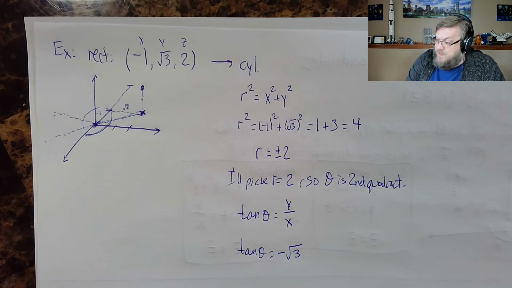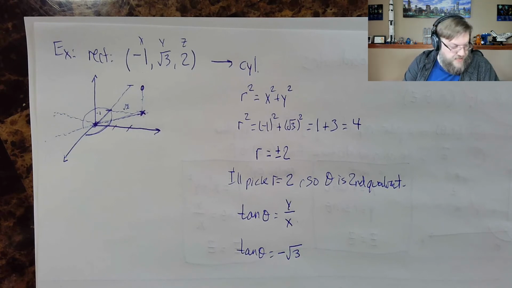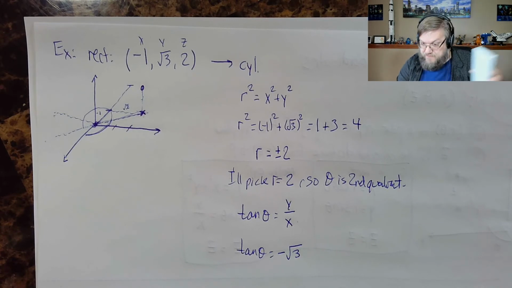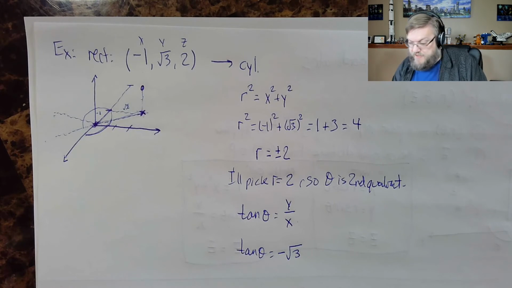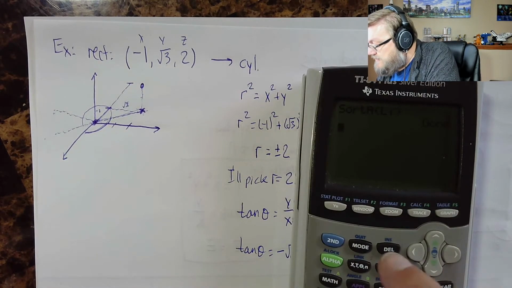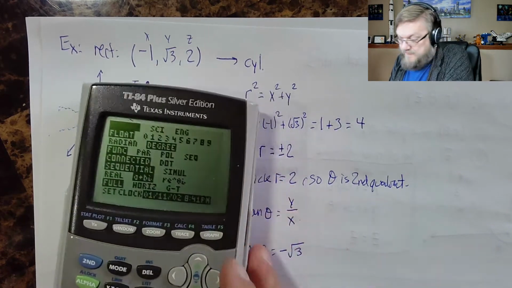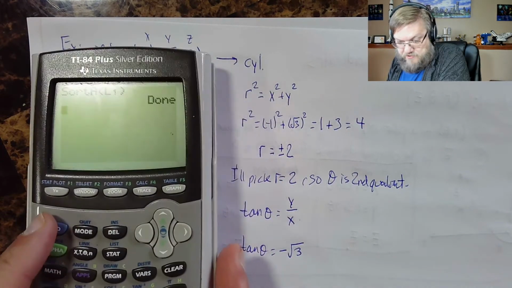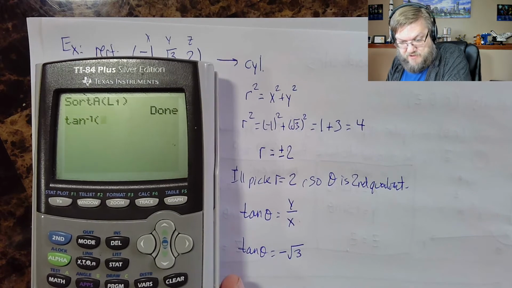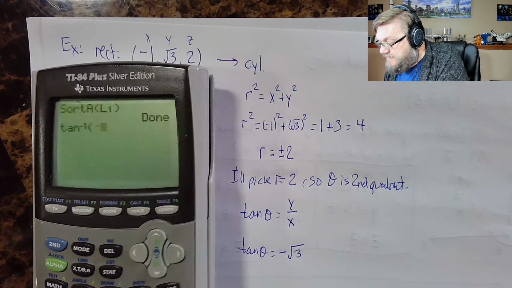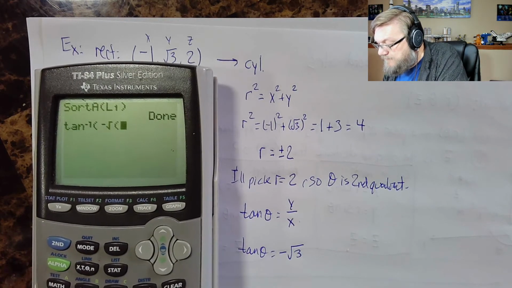If you take the arctangent using your calculator, even if you put your calculator in degree mode for a hot second, and ask what's the inverse tangent of negative square root of 3?